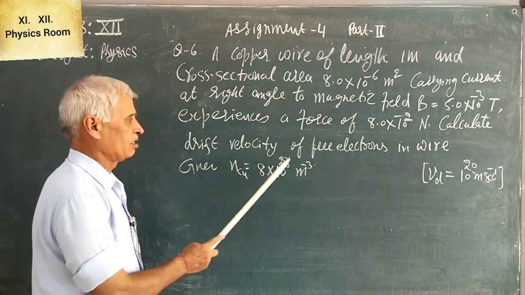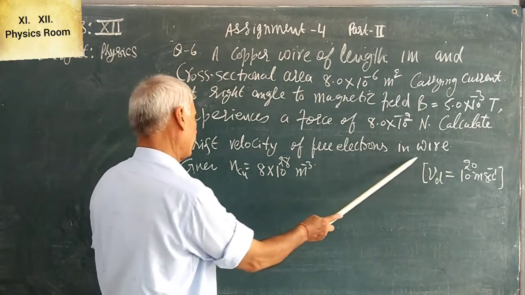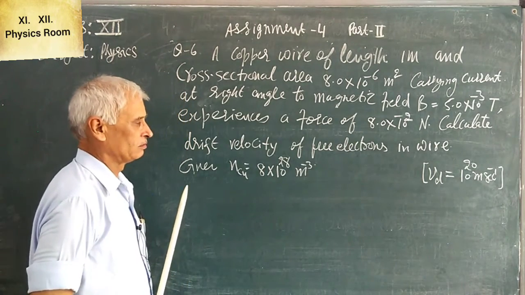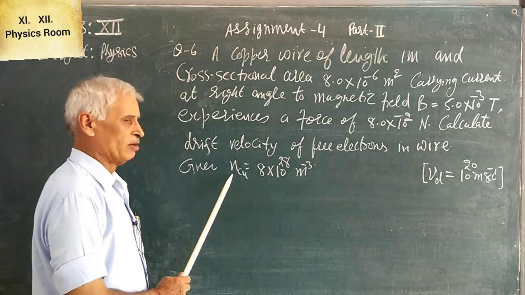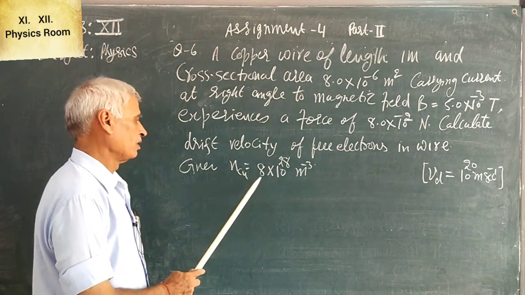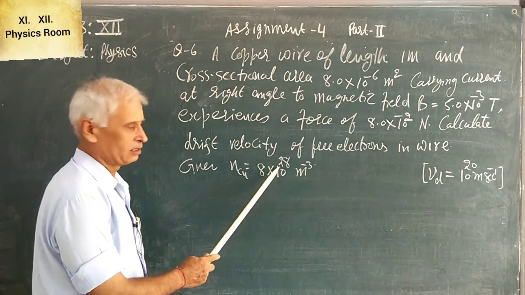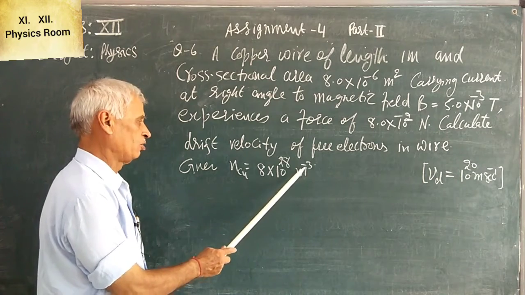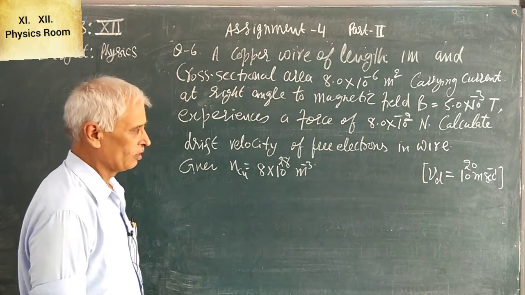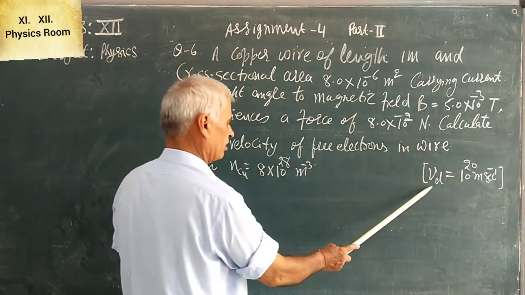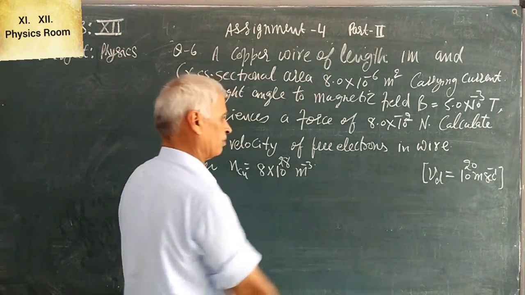Calculate drift velocity of free electrons in wire. Given number density of copper is equal to 8 into 10 raised to power 28 per meter cube. And here is the answer for verification, 10 raised to power 20 meter per second.